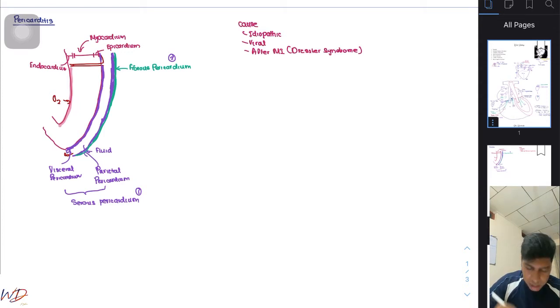And the reason I'm talking about pericarditis is we need to know what pericardiocentesis is. So for that, let me just explain this. Now, there is around 50 milliliters of fluid in the pericardial space. In acute pericarditis, there's going to be inflammation.